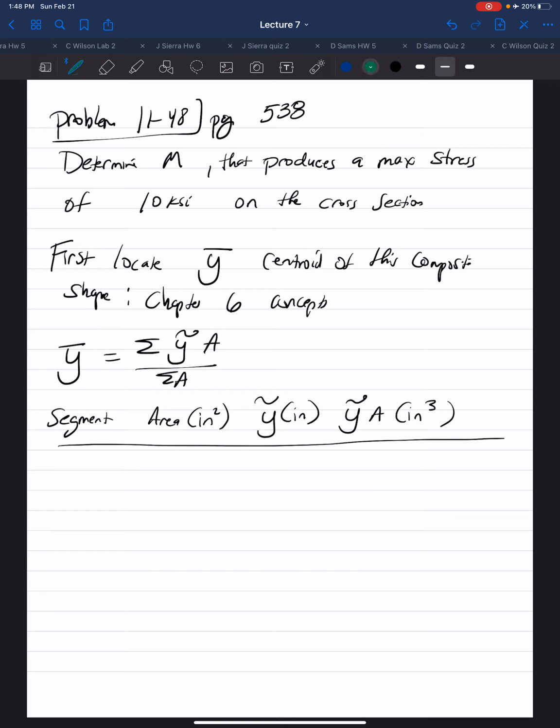So for this composite shape, we're basically having 4 rectangles, 2 of which are equivalent. So we'll label this 1, 2, 3, 4. Those are 4 segments, 1 and 4 being equivalent.